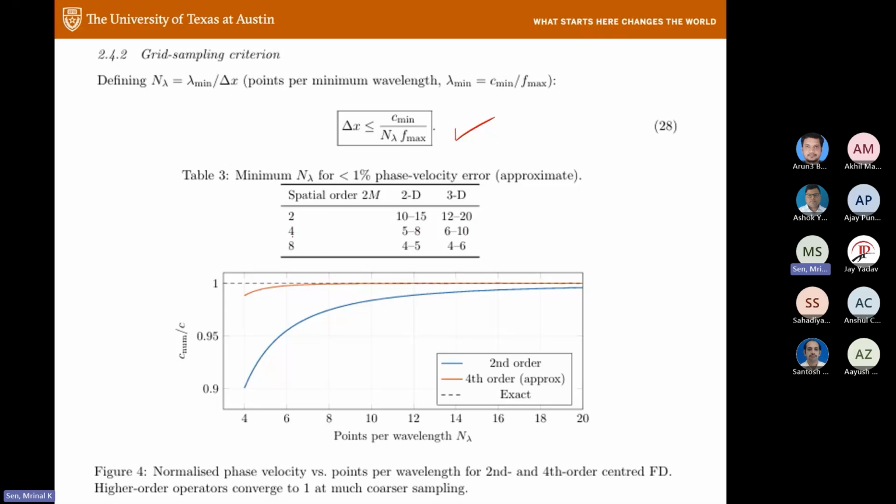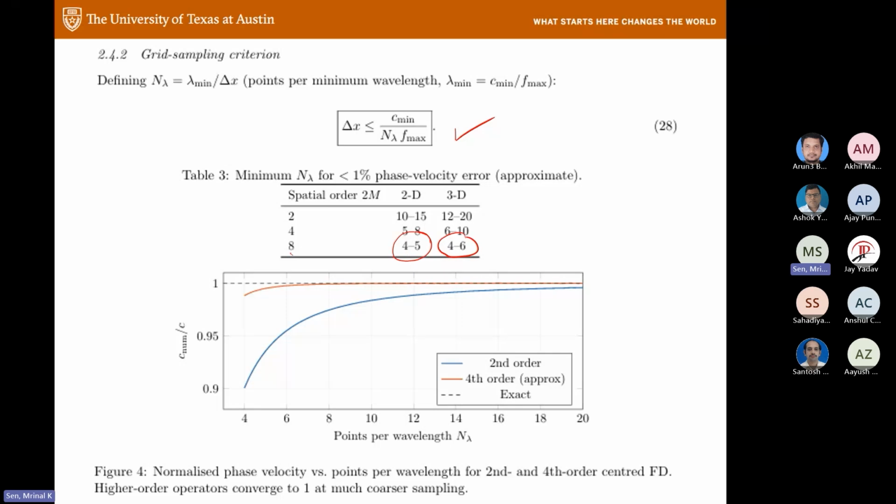If you go to fourth order or eighth order, the grid spacing can be increased. But then your stencil becomes longer, right?